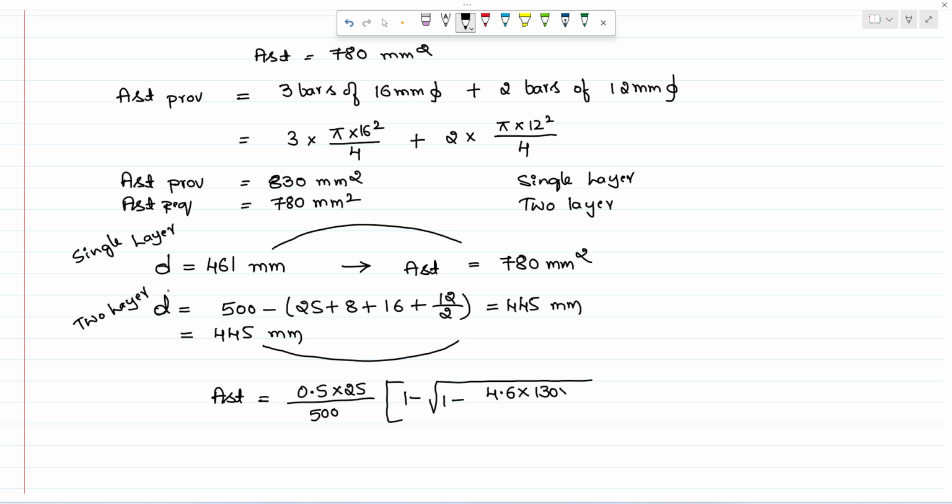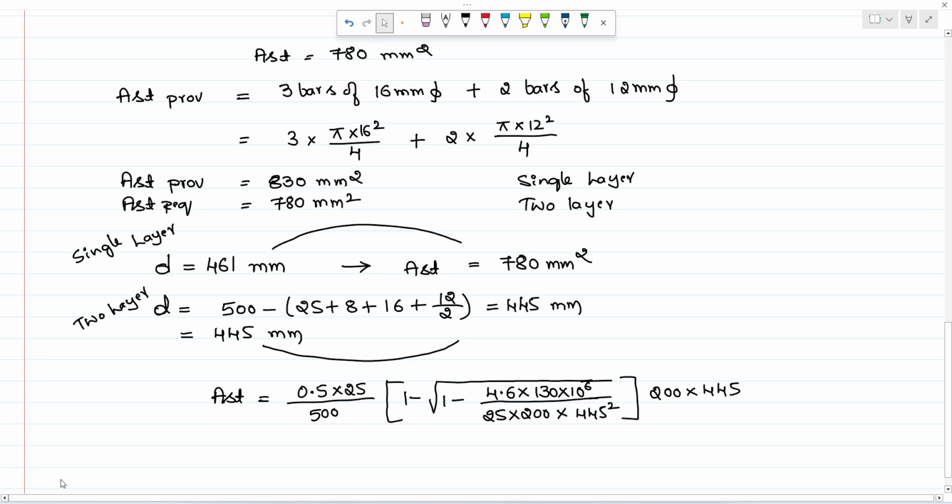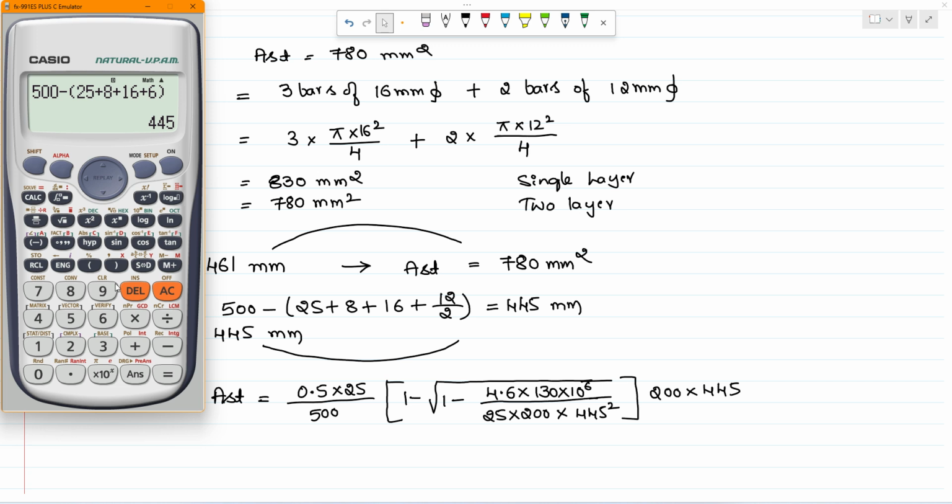Mu is 130 into 10 power 6 divided by your FCK 25, width of the section 200, your effective depth, it is 445 square, into 200 into 445. So let me calculate the area of steel.